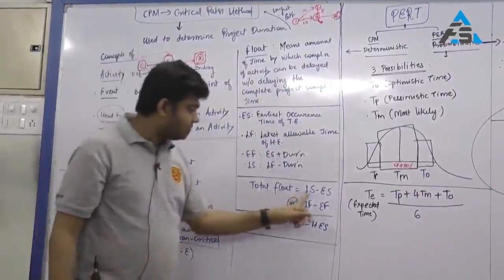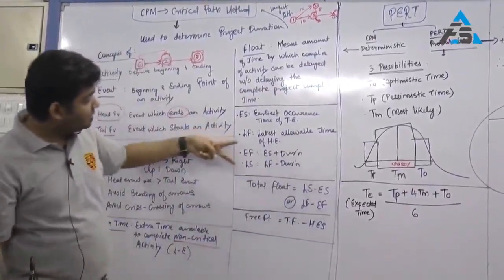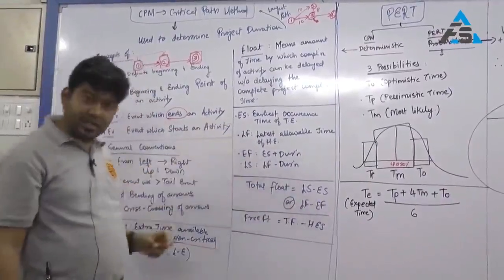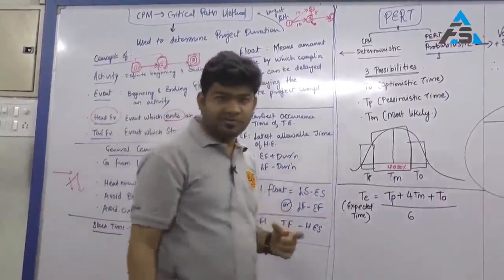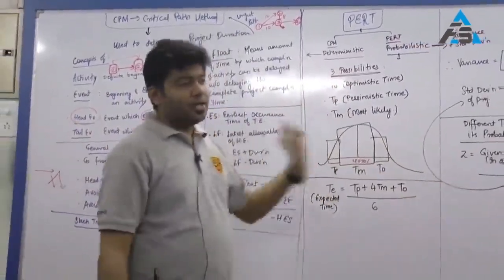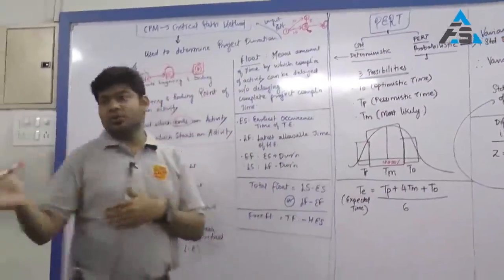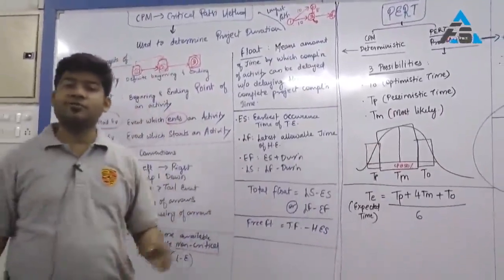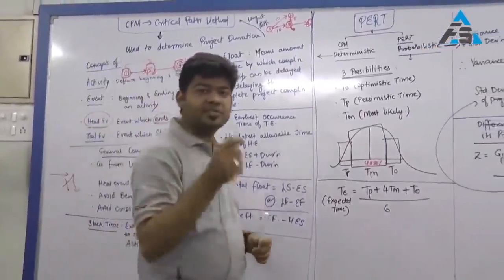Then comes total float, which is LS minus ES, a pure calculation here, LS minus ES or LF minus EF. I have already explained, total float is the extra duration that a non-critical activity will have so that the project is not delayed and still everything can be completed on time. Ensure that total float for critical activities will always be 0.